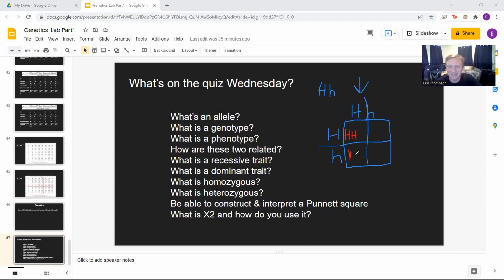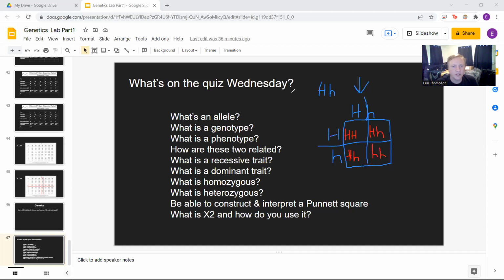Big H. That's a big H, I promise. And what goes over here? A big H, little h. What goes in the bottom corner here? That's right, little h, little h.